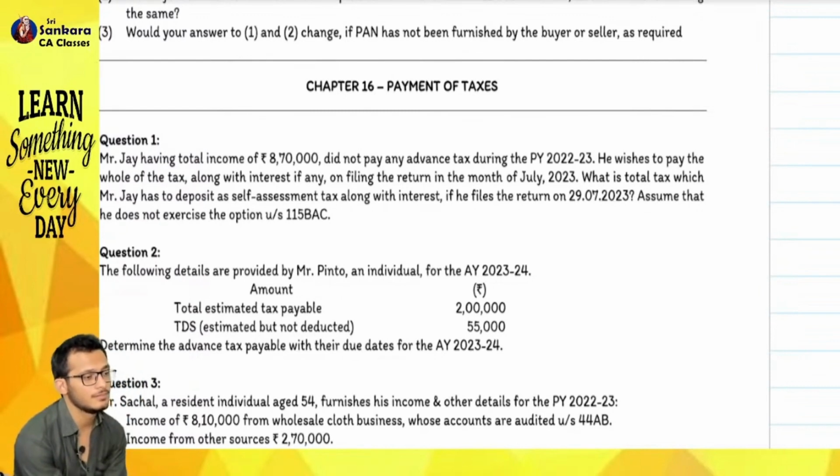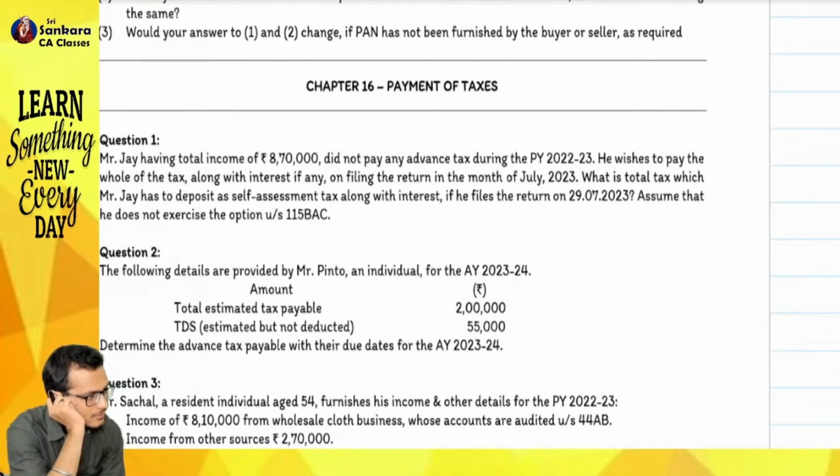What is the number? 89,960. How did you get it? You will first reduce 5 lakh rupees: 8 lakh 70 minus 5 lakhs into 20%. 3 lakh 70 into 20% is how much? 74,000.